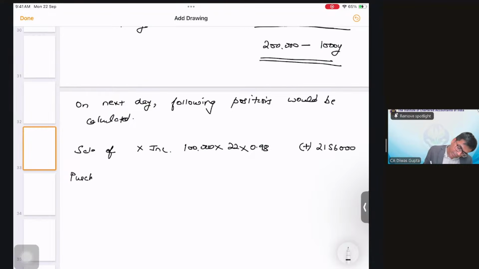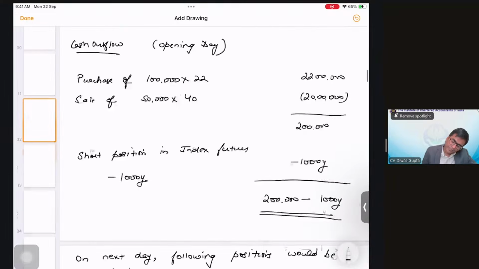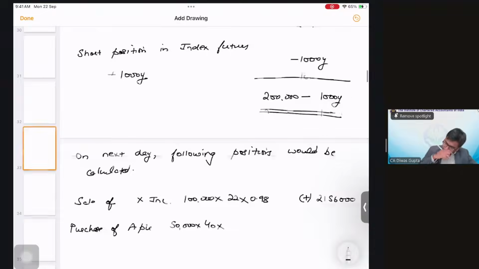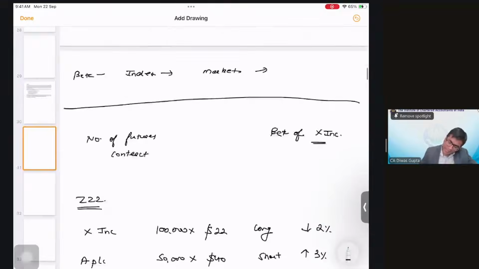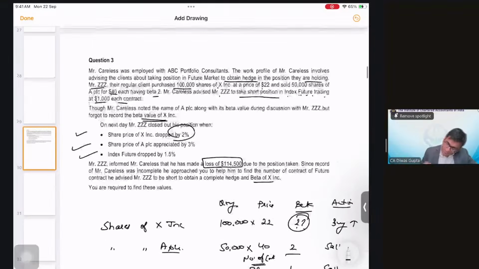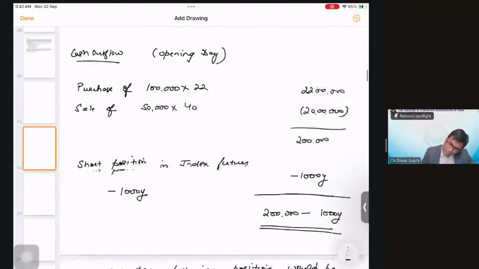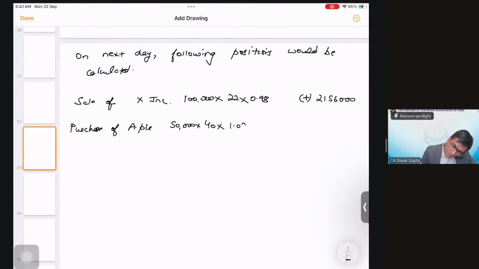Then the APLC was already sold. Now today we will be purchasing the APLC. The purchase of APLC will be 50,000 into what was the price? 40. Yes, and where has it moved? It has moved up by how much? It has moved up by 3%, which is 1.03.